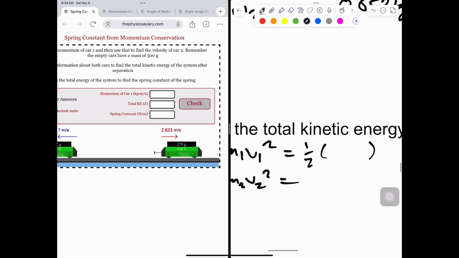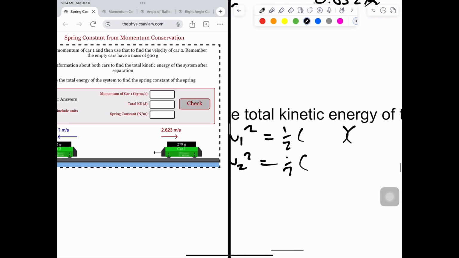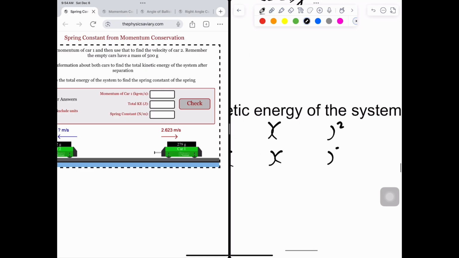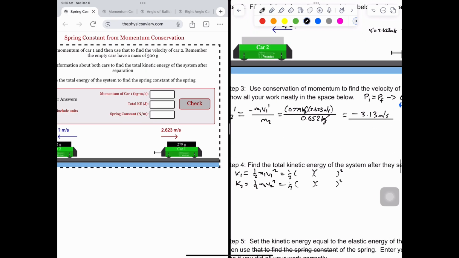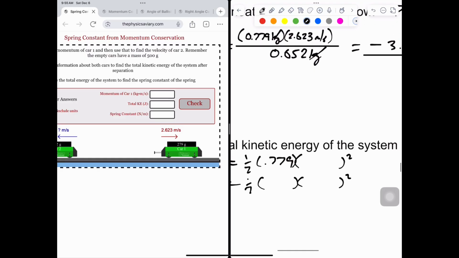So 1/2 times m1, if you recall, was 0.779. Velocity afterwards was 2.623, and then we have to square it.